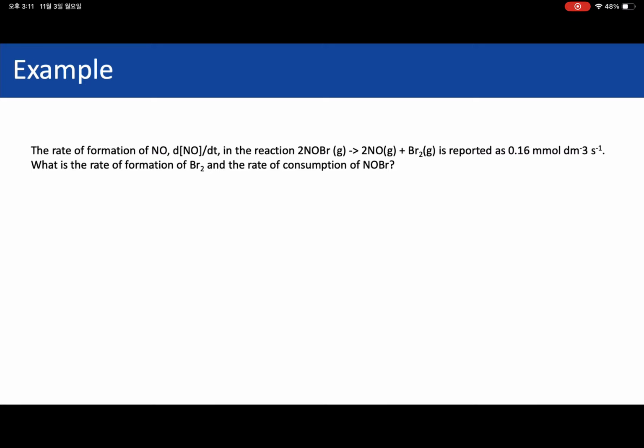So first we know the chemical reaction, which looks like this. And now let's apply the rate of formation and the rate of consumption of the product and the reactant.